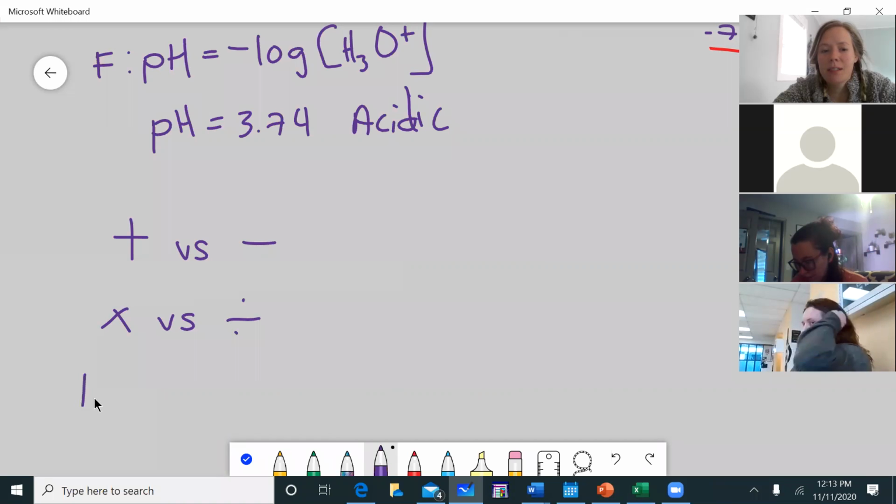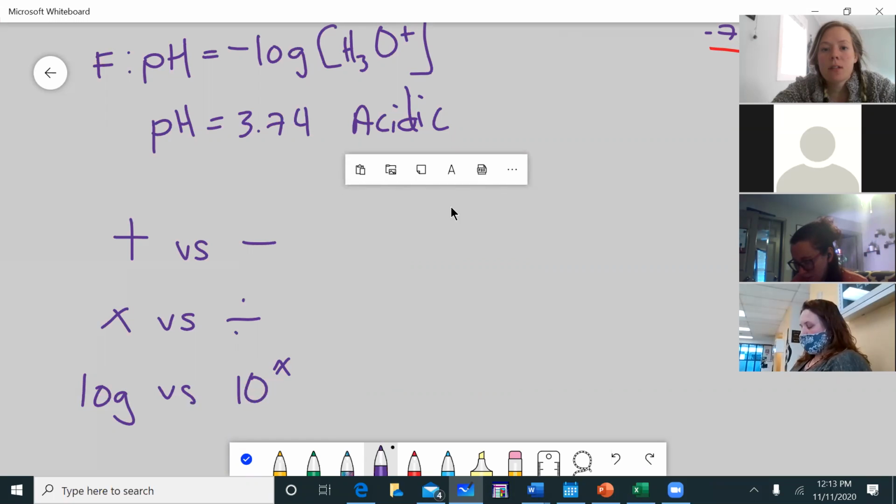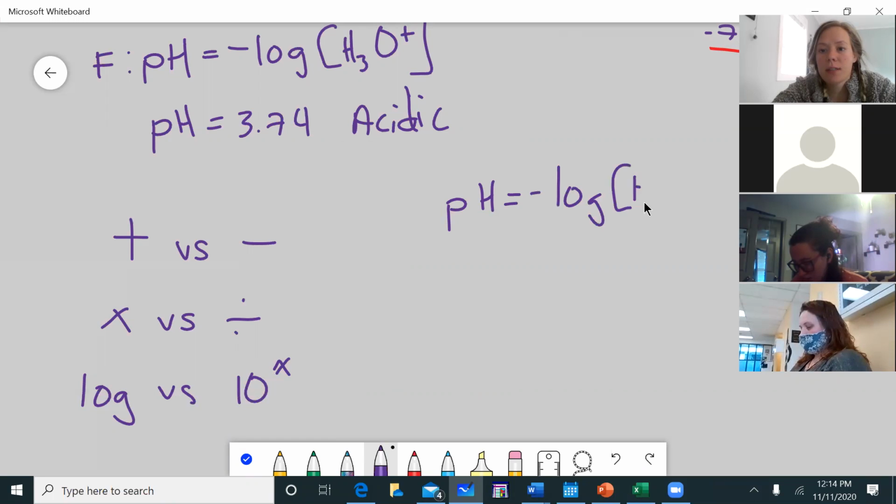What is the opposite of log? 10 to the. So when we have an exponent, 10 to the third power, to get rid of that, we would log it. So if I've got this equation of pH equals the negative log of H3O plus, and this is just for my people who like math, otherwise you can memorize it, if I want to isolate the H3O plus, I need to get rid of log.